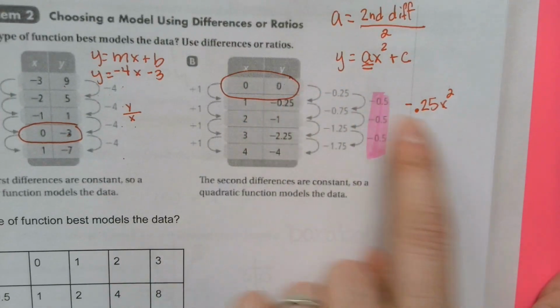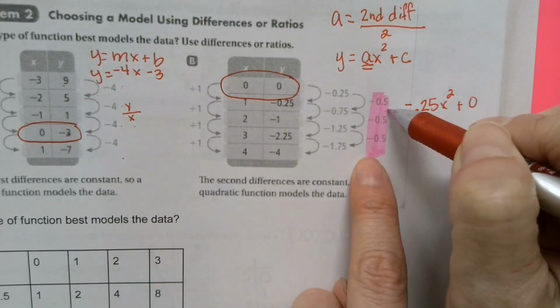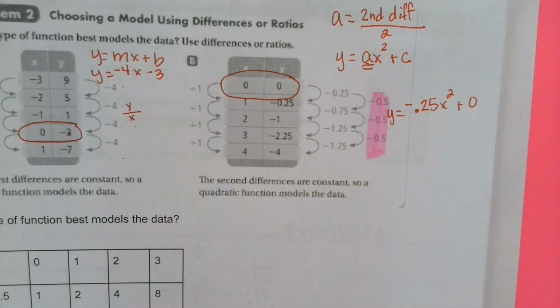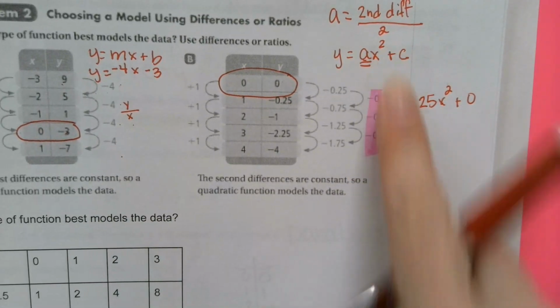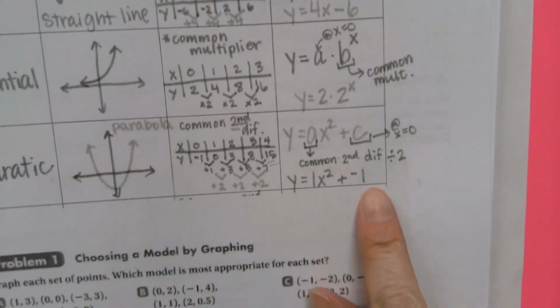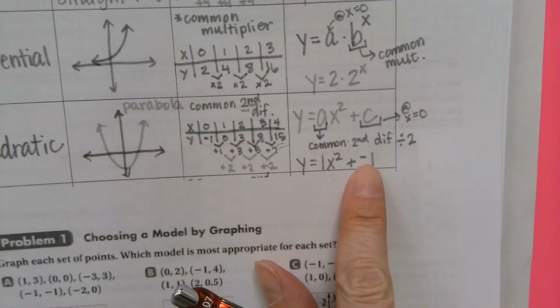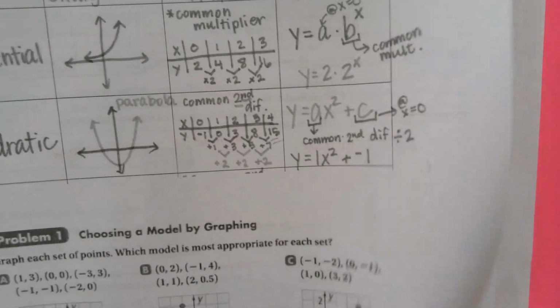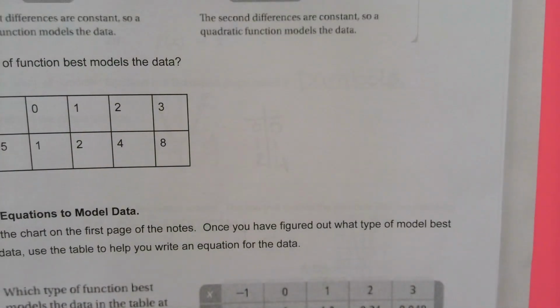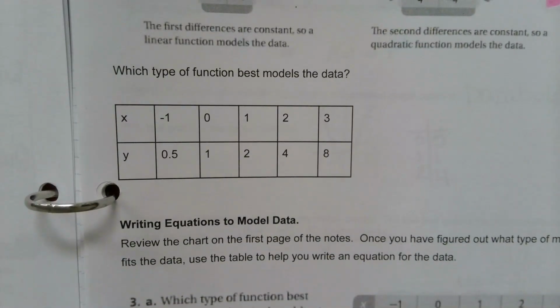And the y-intercept would be +0. That is noted, this second difference divided by 2 is also noted right here with another example if you want to see that too. But like I said, we're not going to do ones that have that middle term of bx in there. So you're going to see tables that you need to write a rule for.